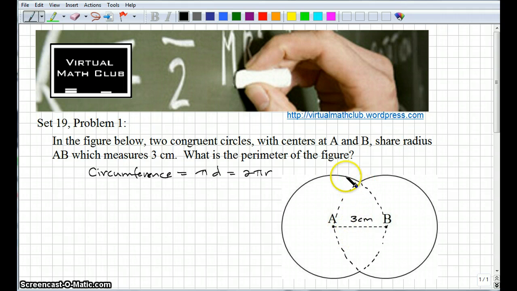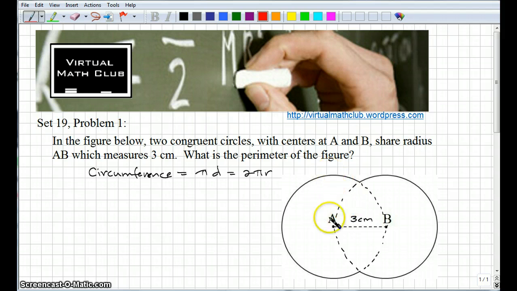We have a portion of circle A included in the perimeter of the figure, and a portion of circle B that's included in the figure. So we need to figure out how much of the circumference of those circles is actually included in the figure here.